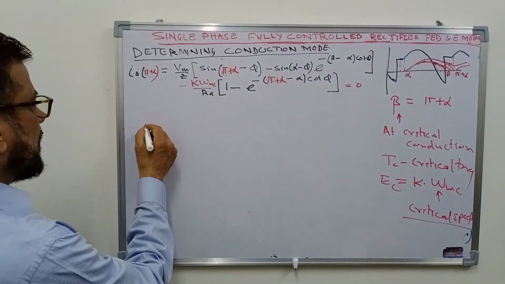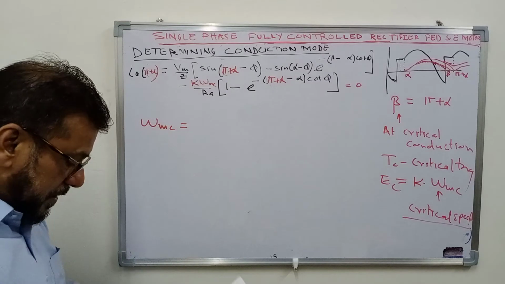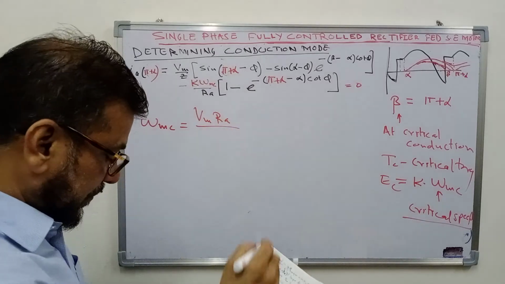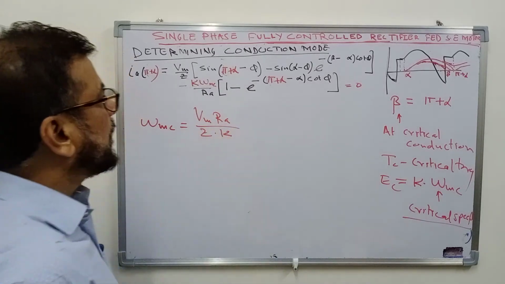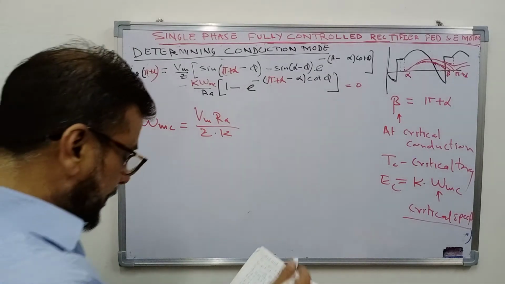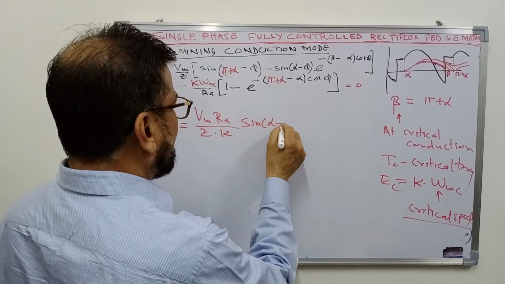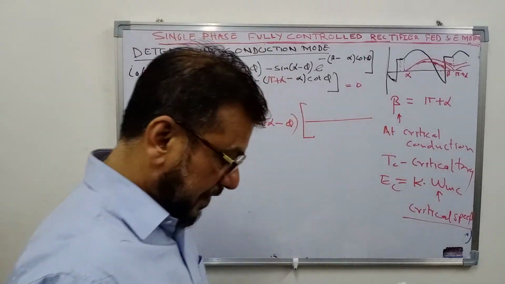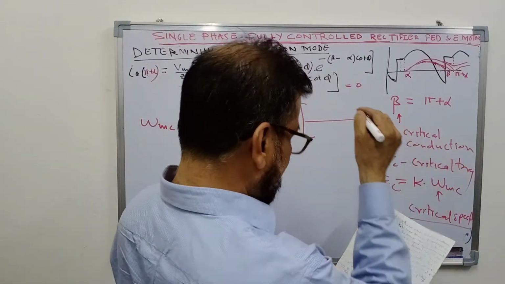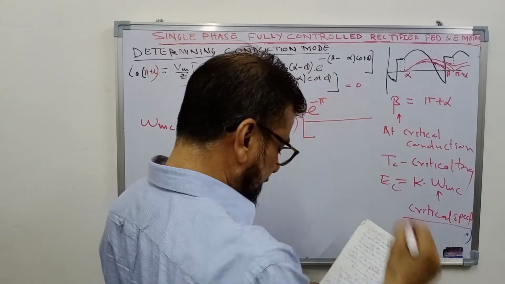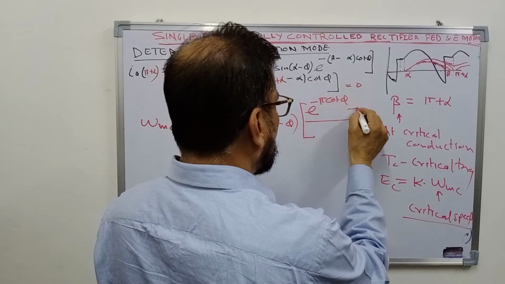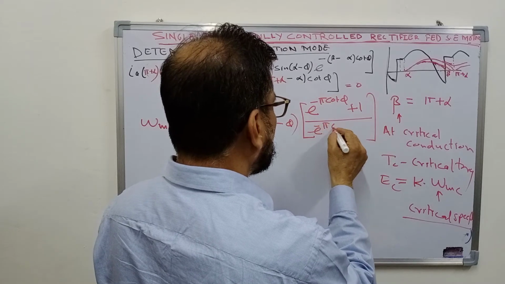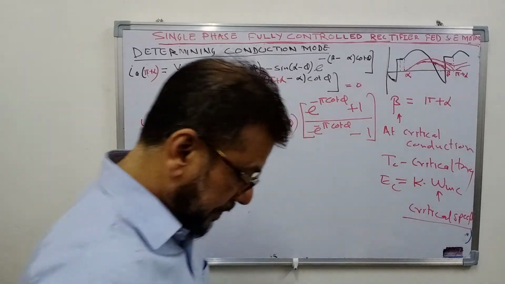So this equation for critical speed comes out to be Vm Ra upon Z K, times sin(alpha minus phi), and this is 1, we write it like this, minus pi cot phi, plus 1, minus 1.